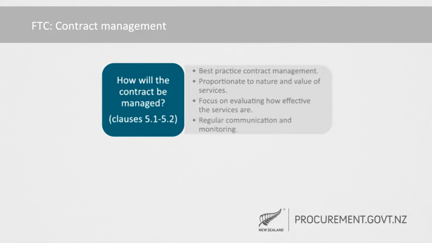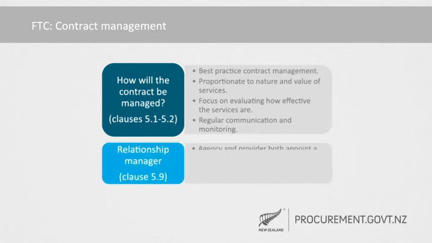Both the provider and agency must communicate regularly with each other so that they can monitor performance, encourage ongoing improvements, and identify any issues or problems early on and work together to resolve them. To ensure that someone is responsible for this, both the agency and provider nominate a relationship manager for each of their outcome agreements.